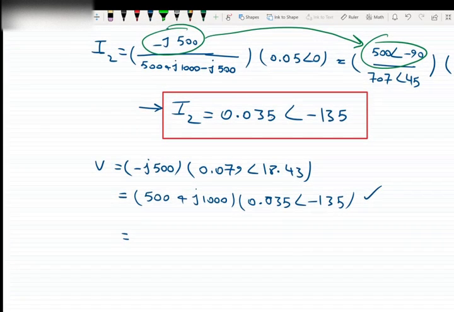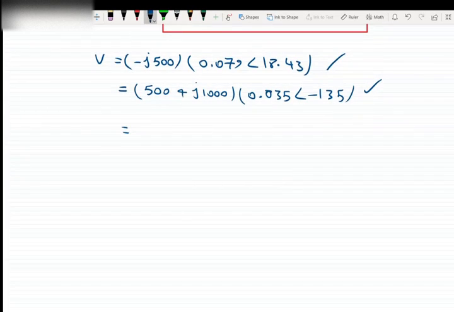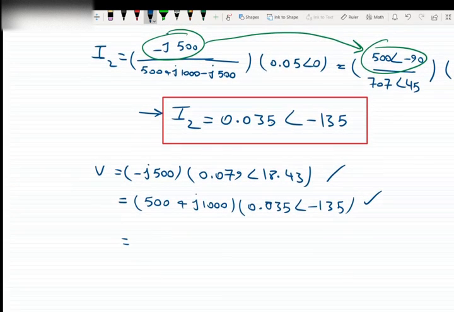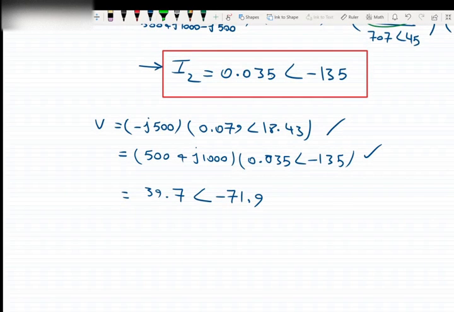So if we calculate any of these two values, the result will be equal to 39.7 with the angle of negative 71.9. Okay, so this one is the voltage.